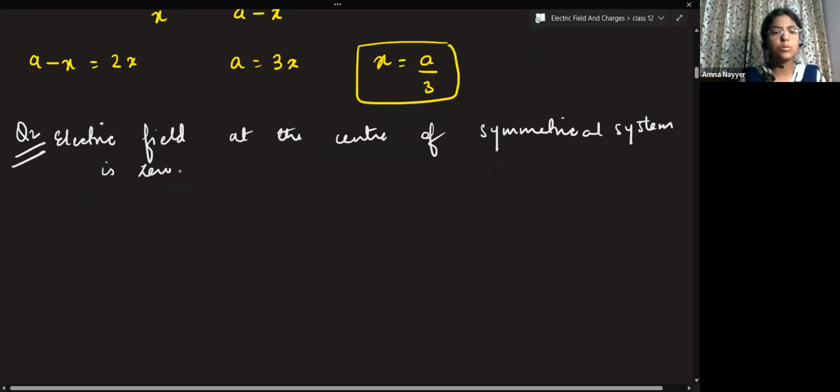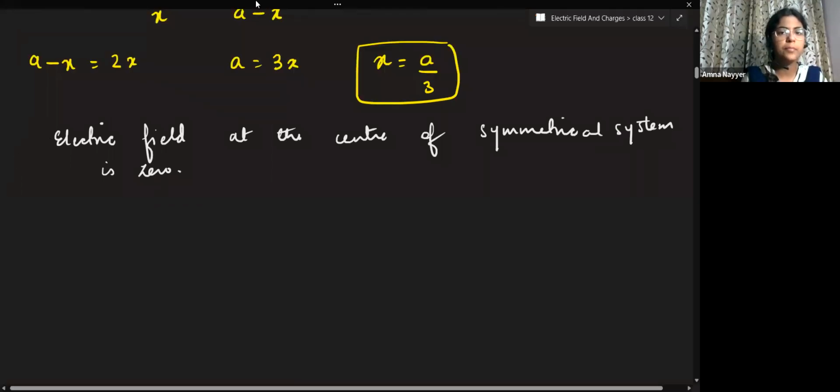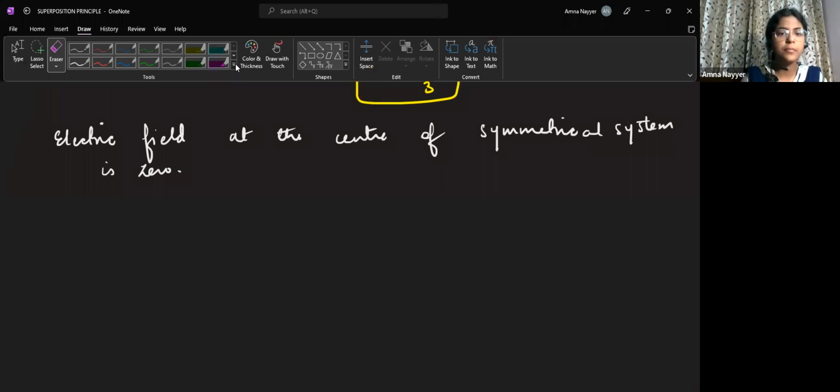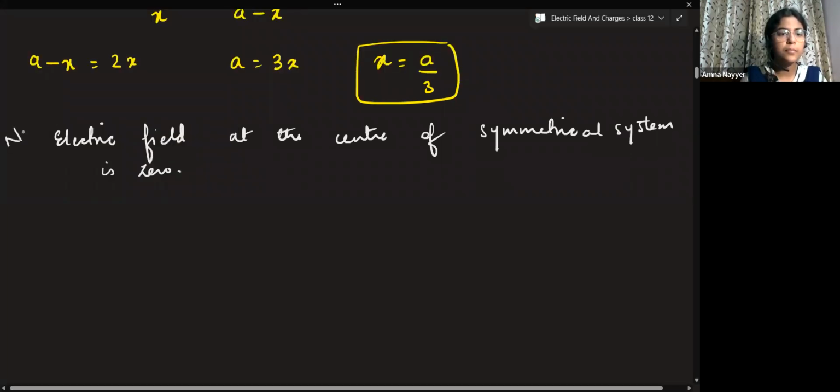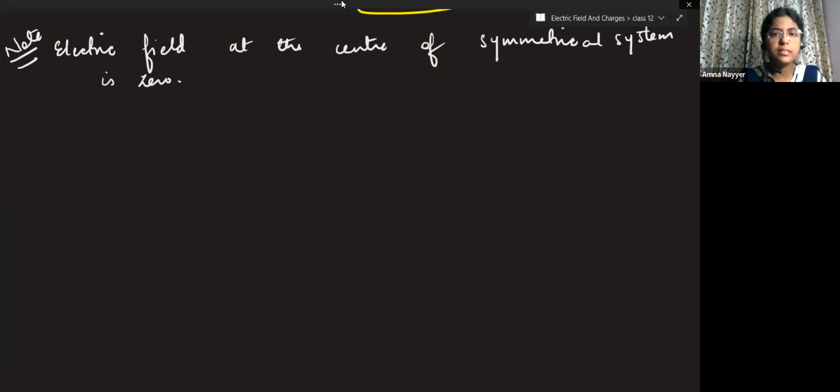This is 0. Don't write it as a question, just make it a note point. So electric field at the center of symmetrical system is 0. By symmetrical system, let's start with basic straight line.